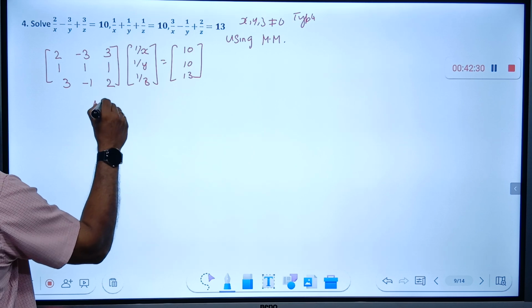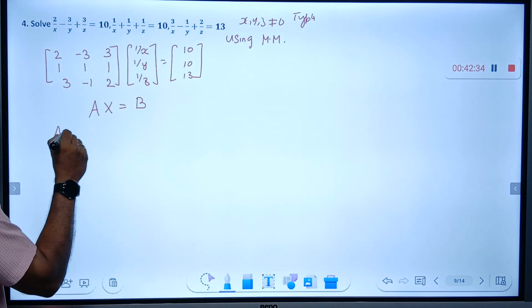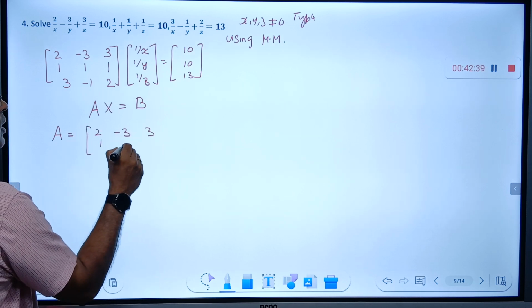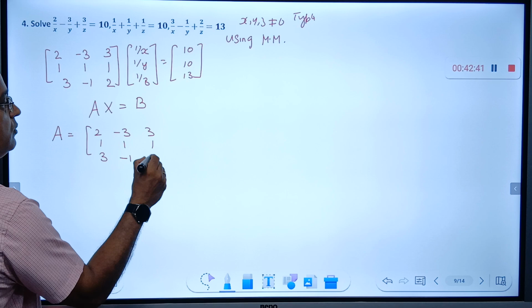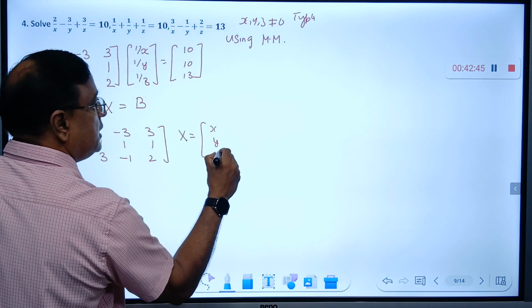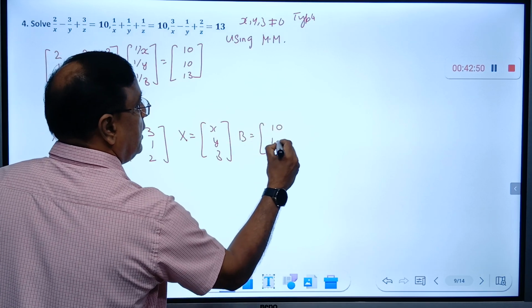So this is Ax equal to B. I don't know what A is, so you have to declare where A is 2, minus 3, 3, 1, 1, 1, 3, minus 1, 2. And what is X? My X is X, Y, Z. And what is my B? My B is 10, 10 and 13.